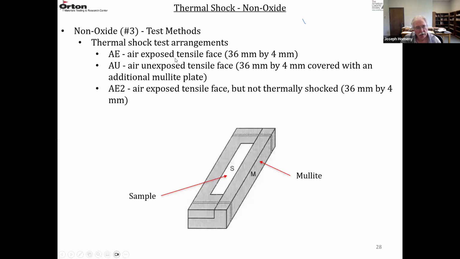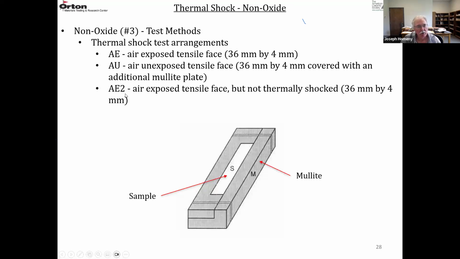But AE was an air-exposed tensile face. So this surface in the thermal shock cycle was exposed to air and subjected to oxidation. Then AU was air unexposed tensile face, so they also covered this face with an additional mullite plate to prevent oxidation. So AE was allowed to oxidize, AU was not allowed to oxidize.